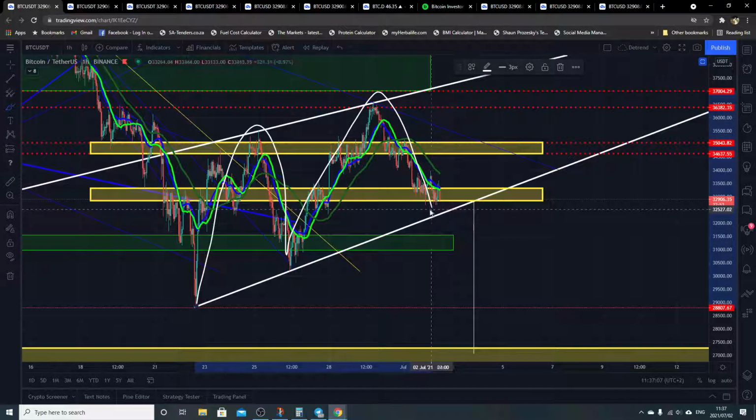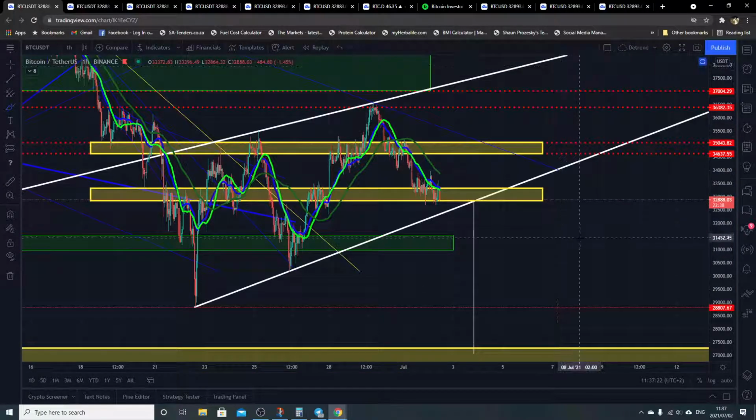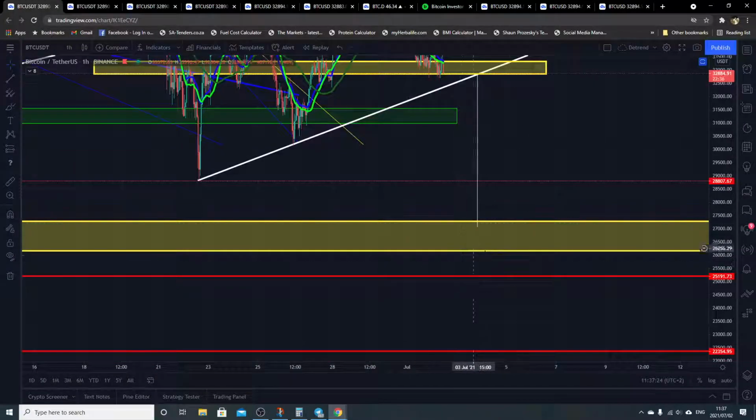Now the target for this standard M pattern, if we break this neckline over here, which is the rising wedge neckline and the M pattern neckline, is in this area of 26 and 27. That is the price range there.